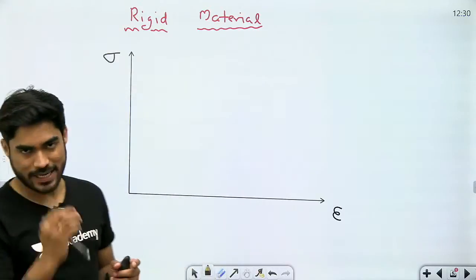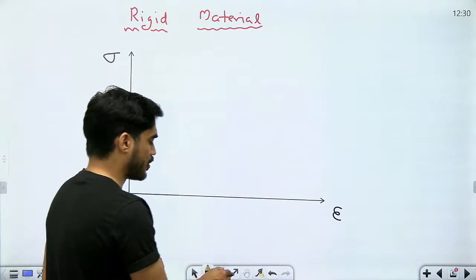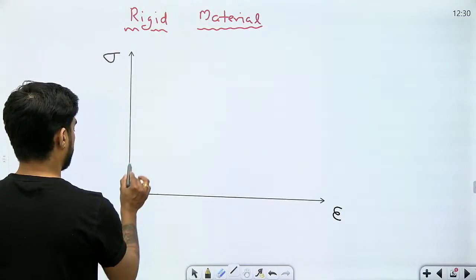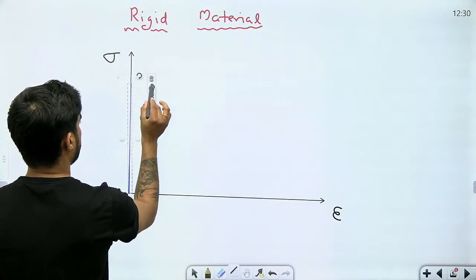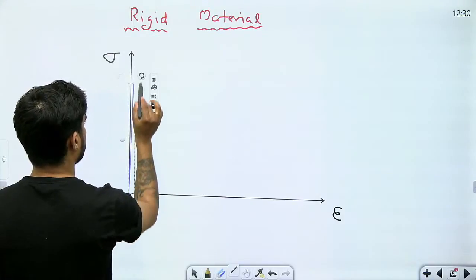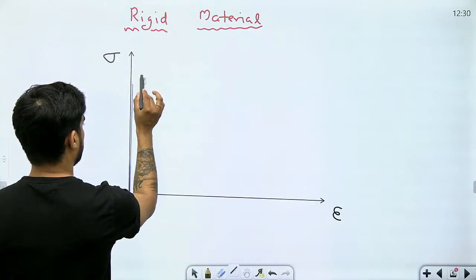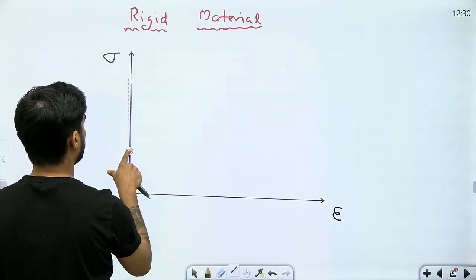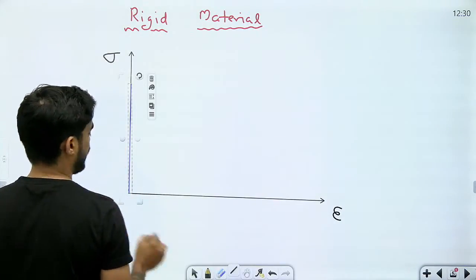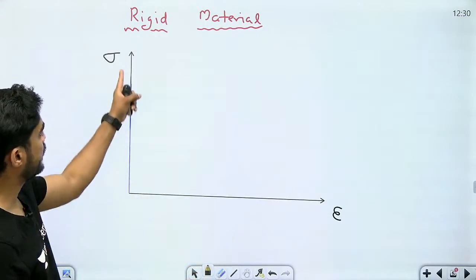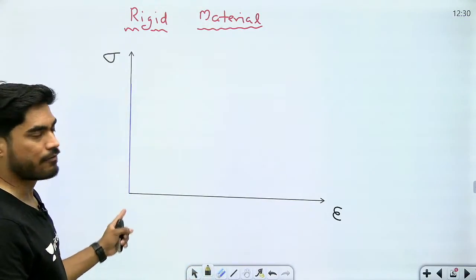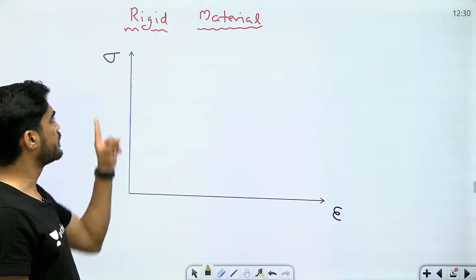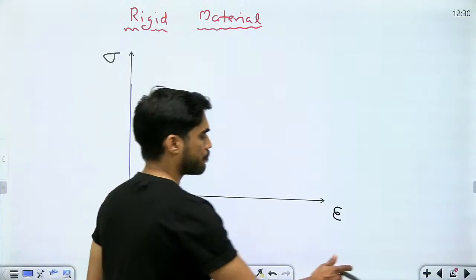Rigid material में strain हमेशा zero रहेगा. So if you draw the stress strain diagram of a rigid material, it will look something like this, right? कुछ ऐसा दिखेगा. It will always remain a vertical line because the strain will always remain zero. So this is the stress strain diagram of a rigid material.